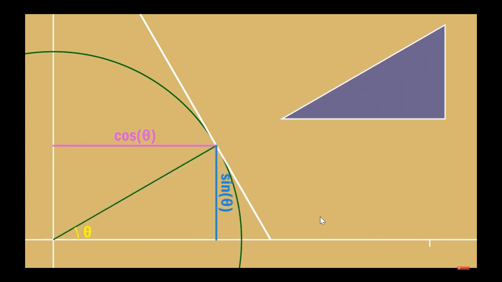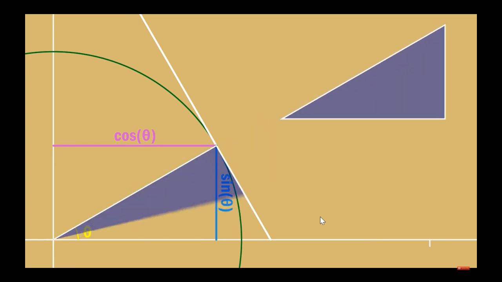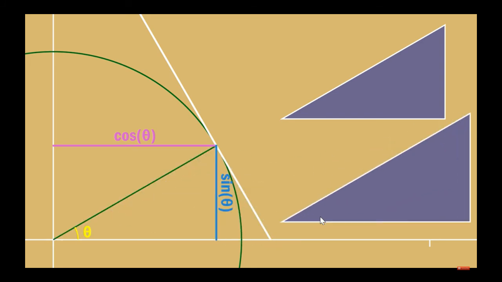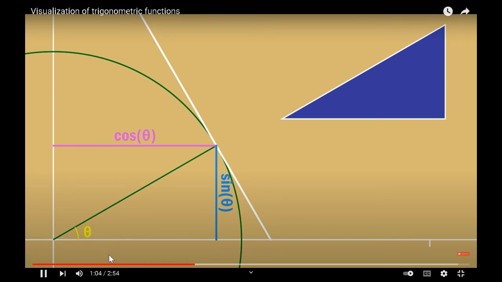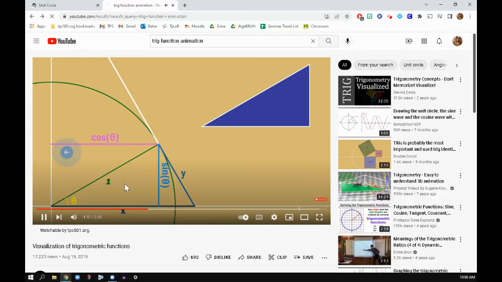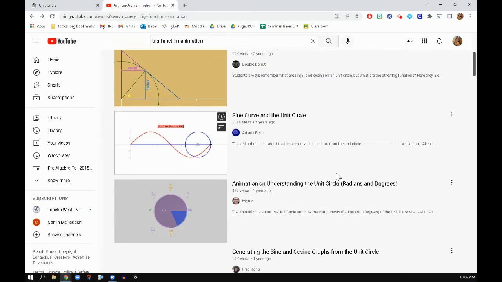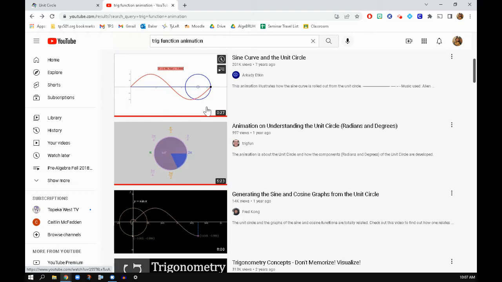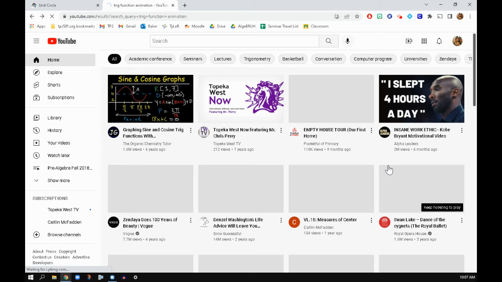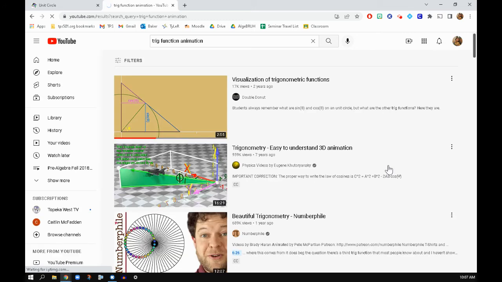So wait, tangent is that white line that meets the points of cosine and sine? Okay, I don't know what they're doing here. Where's tangent? Okay, this video be wildin'. This is not the video I was looking for. I think this one might be. Where did that go? It's embarrassing how many of these I've watched. Okay, there was one over on the side there. That's the one I was looking for, I think. So it was on the suggested on this.